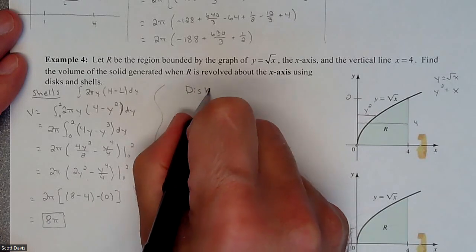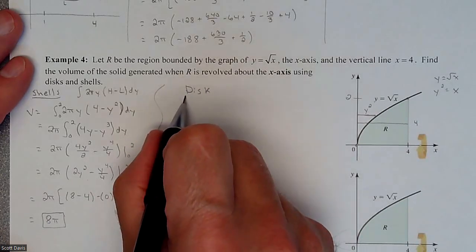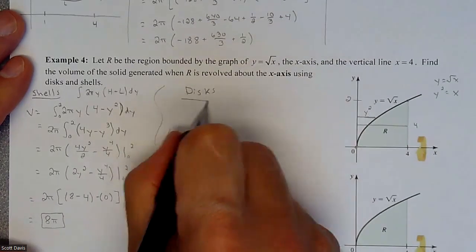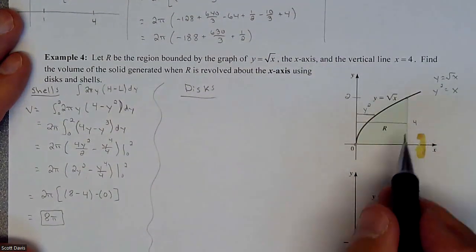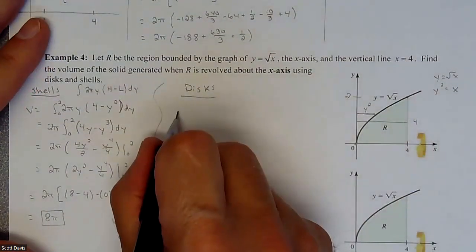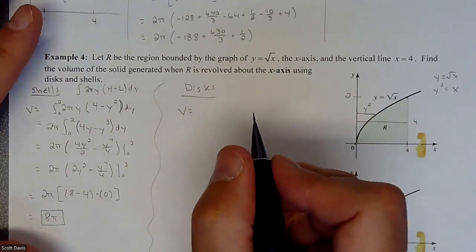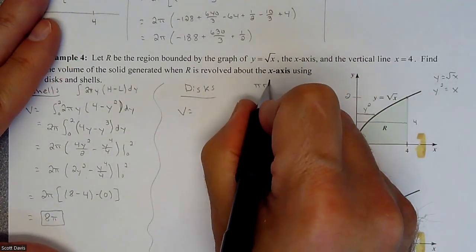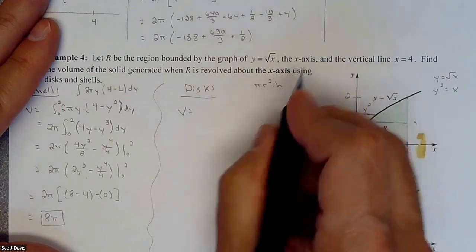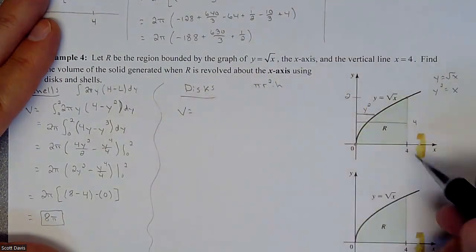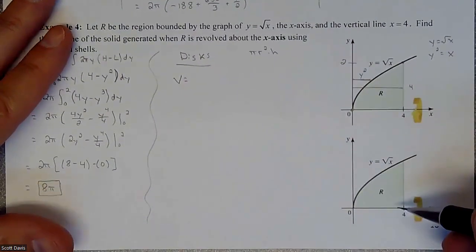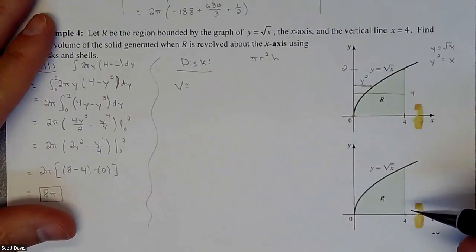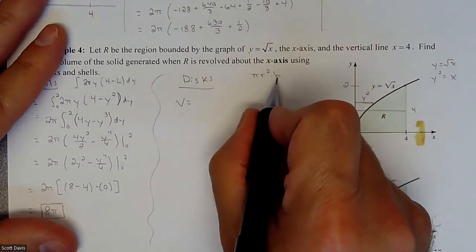Here's what this looks like. If we're doing disks, we leave it in terms of x when rotating around the x-axis. Our volume is more like pi r squared times height. These are true cylinders with a thickness, and from geometry, it's the area of the base times the height.